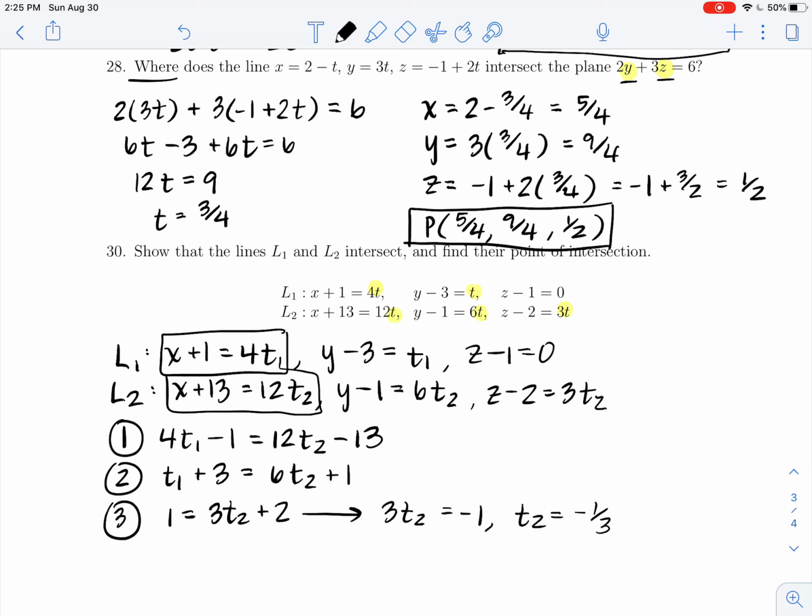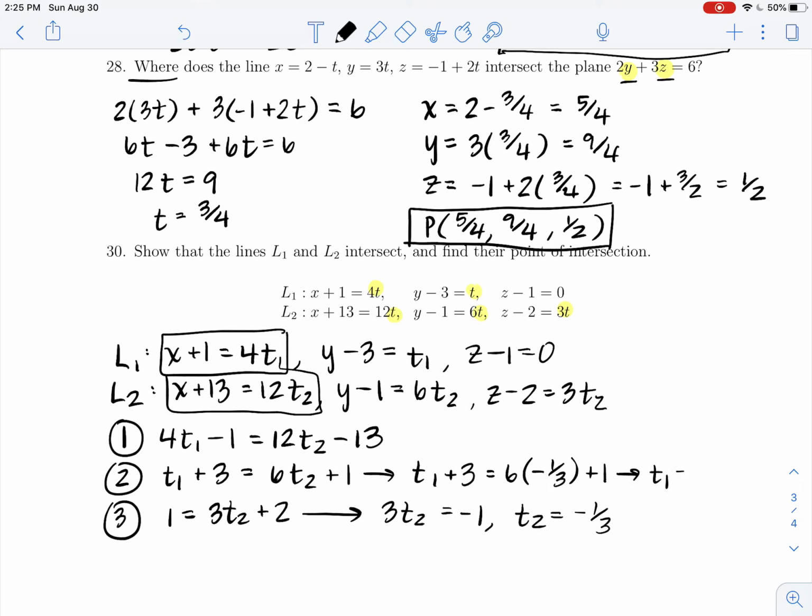So now I'm going to back substitute. I'm going to leave the left-hand side in the second equation the same, T1 plus 3. And then I'm going to substitute in negative 1/3 for T2 here. And this is going to allow me to solve for T1.